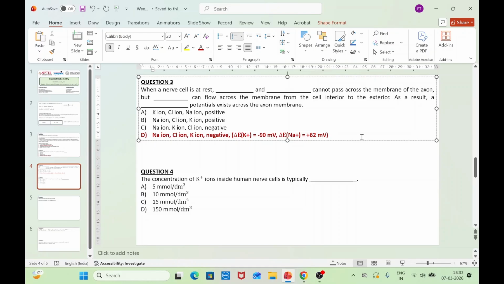Again, this typically happens because of the difference in the concentration of the K plus ions inside and outside of the nerve cells.